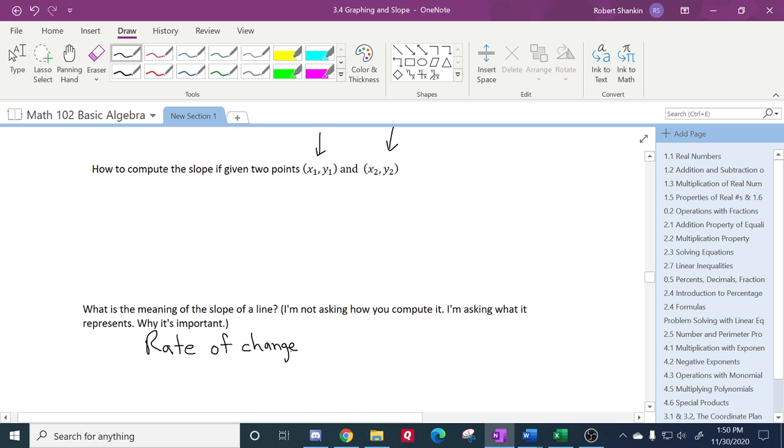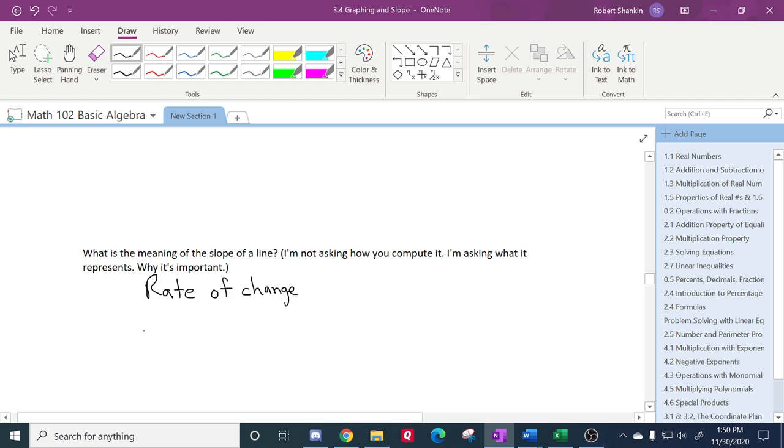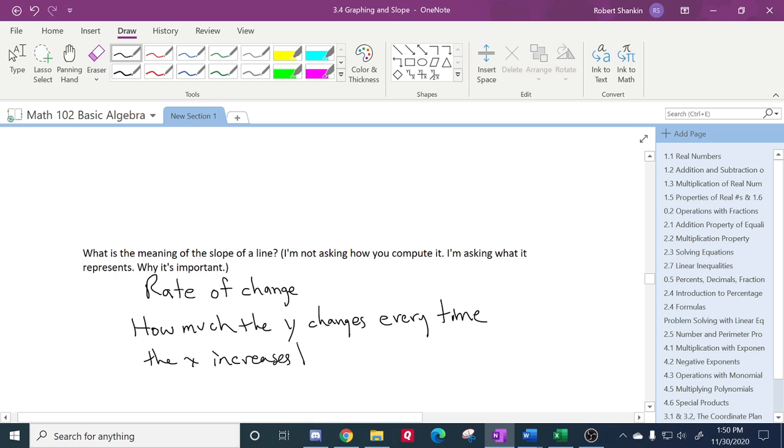And the rate of change, another way to put it, is how much the y changes every time the x increases by 1.